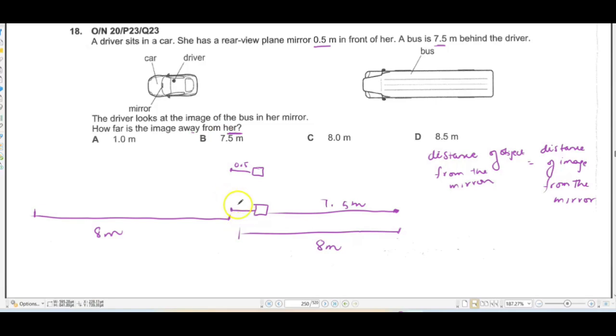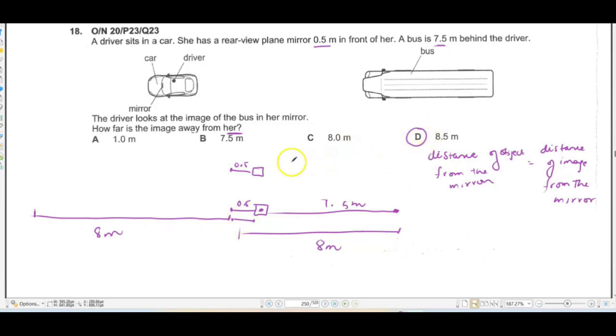So this is 0.5. So the distance of the object from the mirror is 8 meters, but they've asked you how far is the image away from her. So we've got to add this 0.5 meters as well, because this is where she is. ठीक है ना? So the total distance of the image from the driver is 8 plus 0.5, 8.5. ठीक है? So D is the correct option.